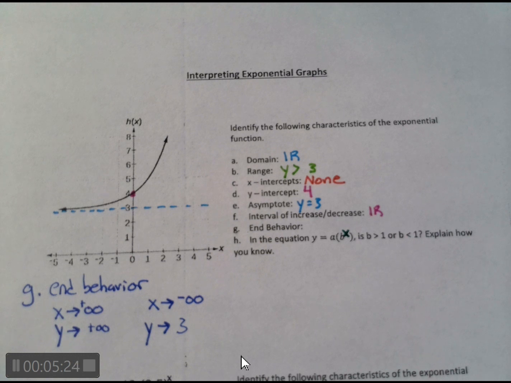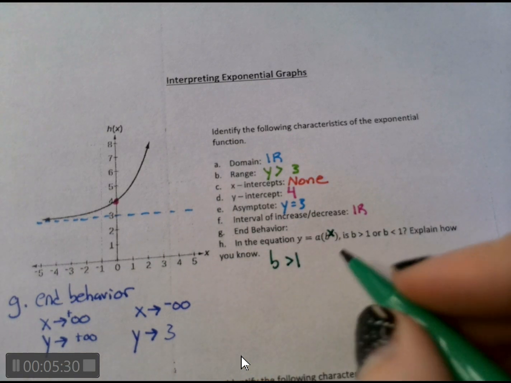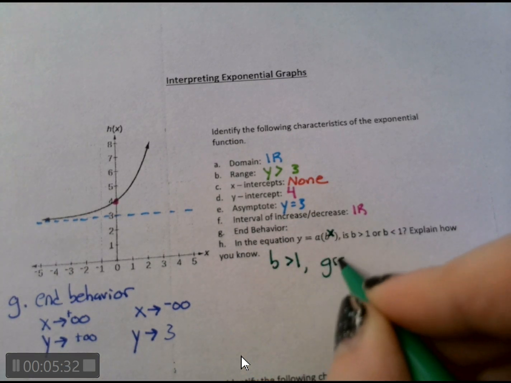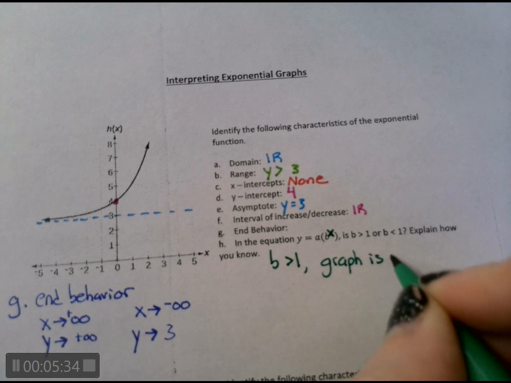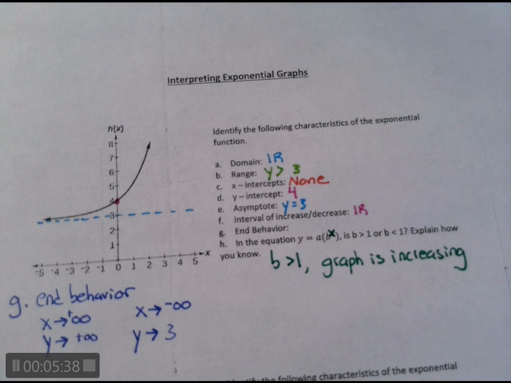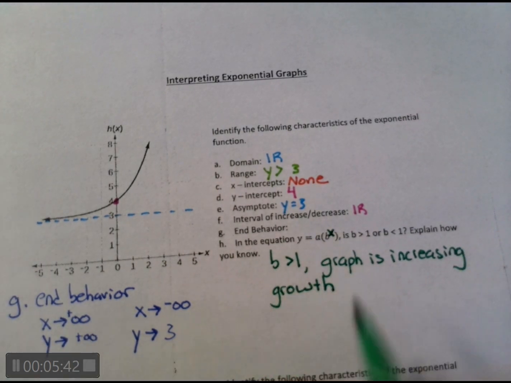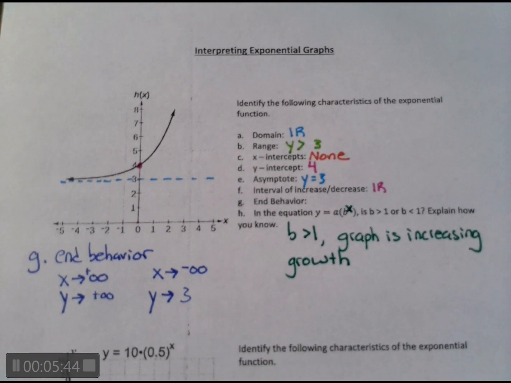And what's our graph doing? It's increasing. So b is going to be greater than 1. This is also called a growth. We doing okay? Alrighty.